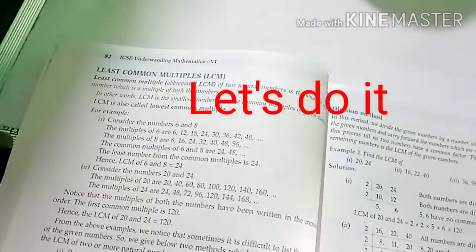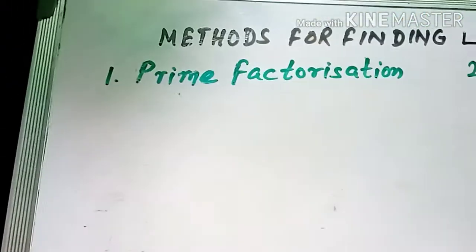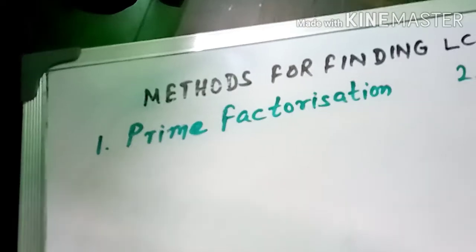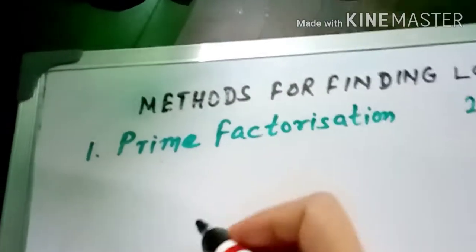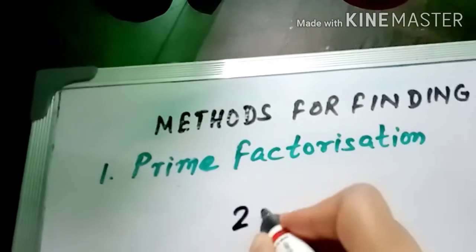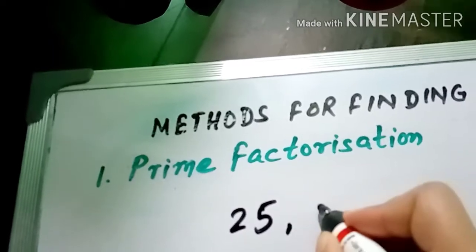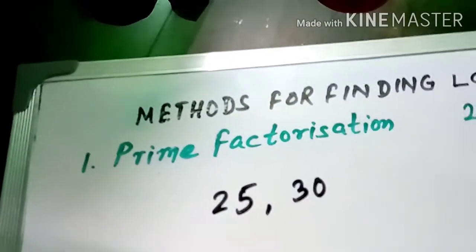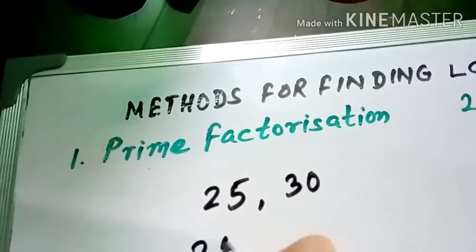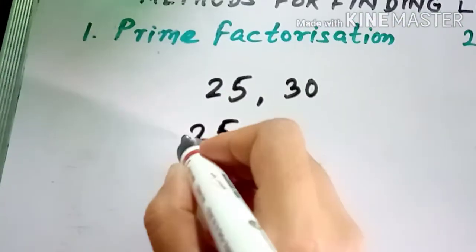Now let's do it. By seeing this example, you will understand how these two methods help us to find the LCM. The two numbers are 25 and 30. First find the prime factors of 25.